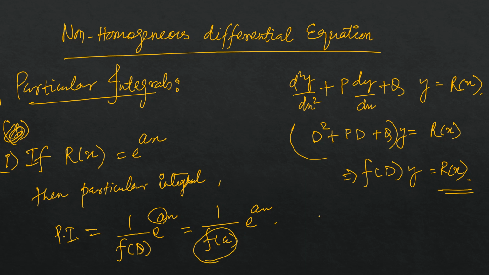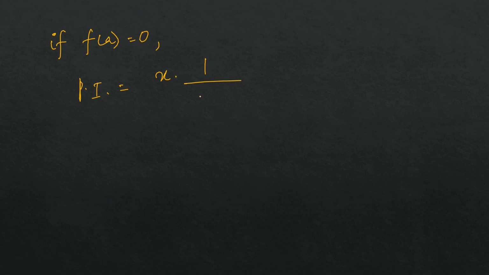Suppose this f of a is 0, then the thing won't be defined, right? So what will happen if f of a is 0? What will the particular integral be? You have to multiply by x, and in the denominator you have to take the derivative of f of D, and put the value again.